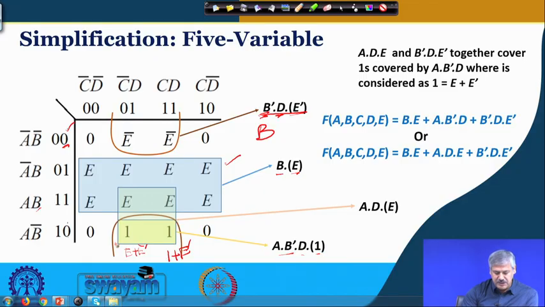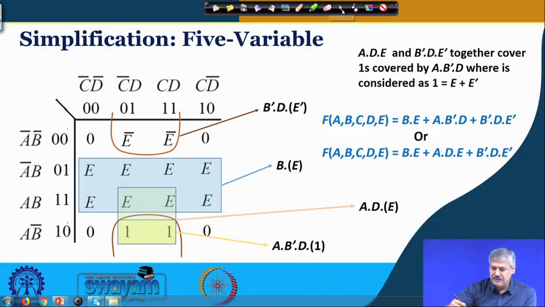So, these two ones can be covered as 1 plus e or e plus e prime, this one can be covered as 1 plus e or e plus e prime, right. So, that way you have got two possibilities the way you had seen before. Okay.